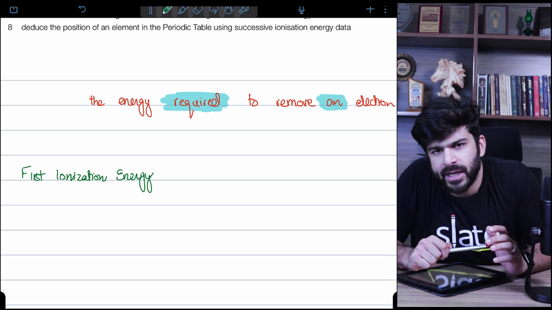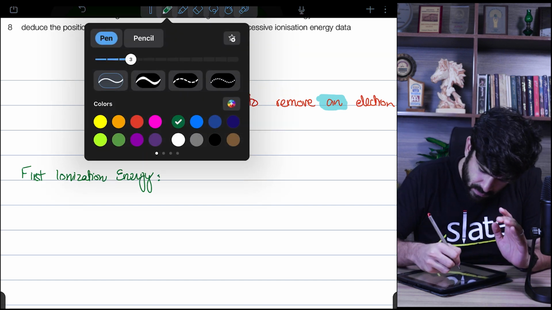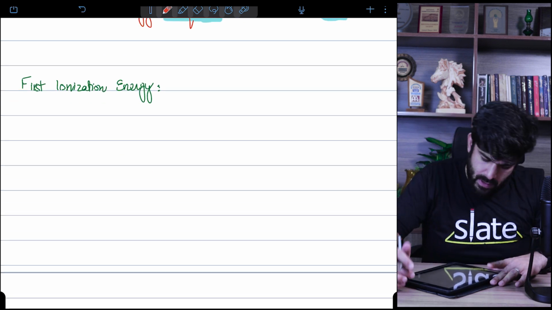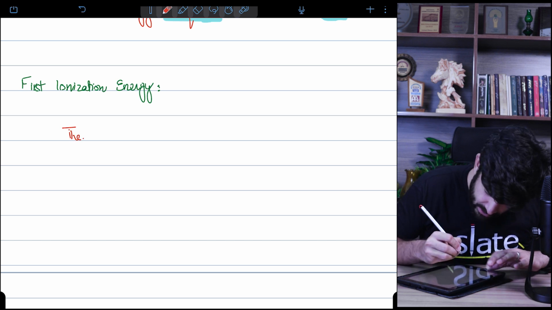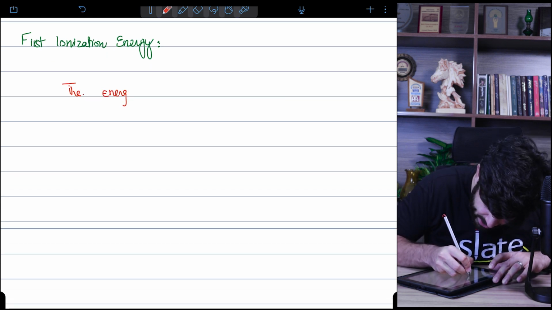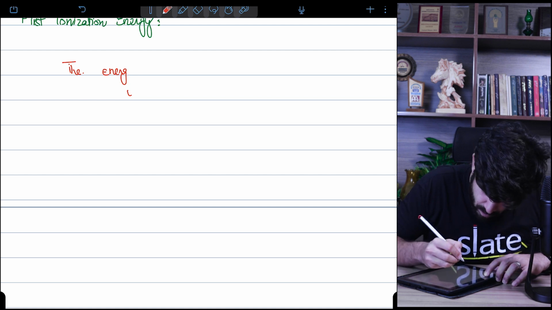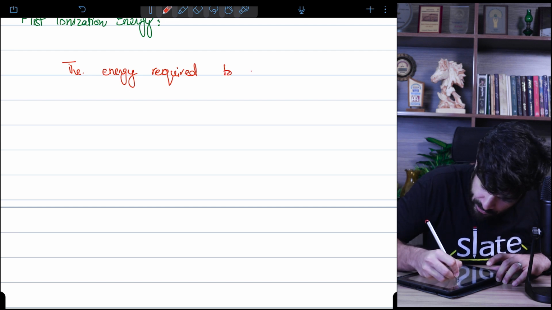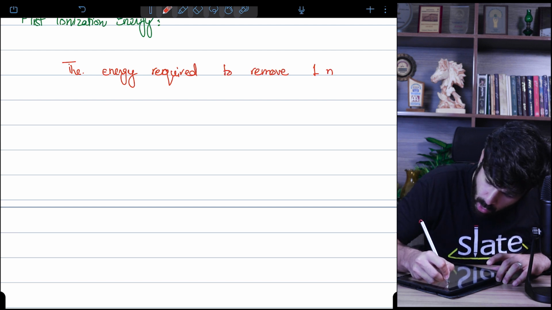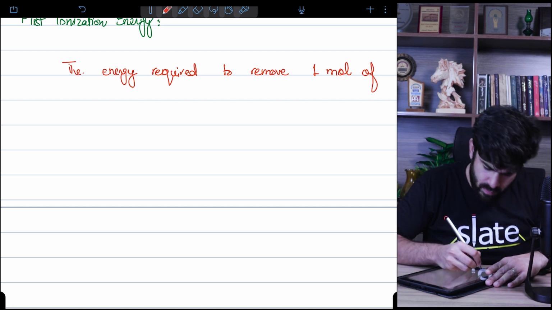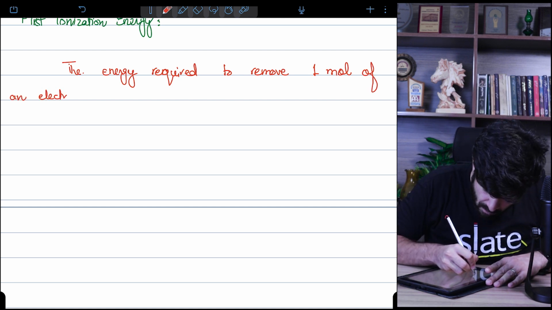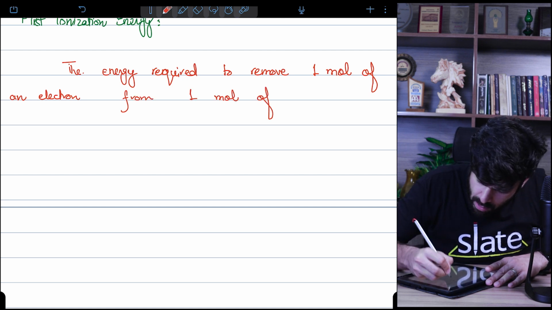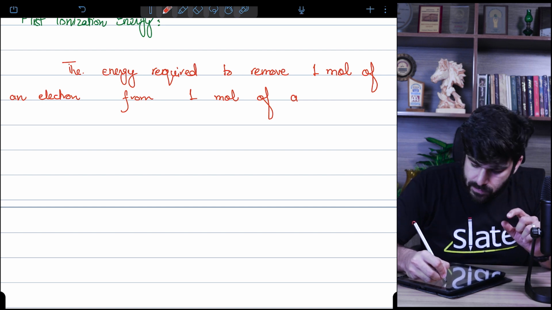Now, when we talk about the first ionization energy, the definition will be somewhat similar to what we wrote at the top. The first ionization energy is the energy required to remove 1 mole of an electron or 1 electron from 1 mole of a gaseous atom.